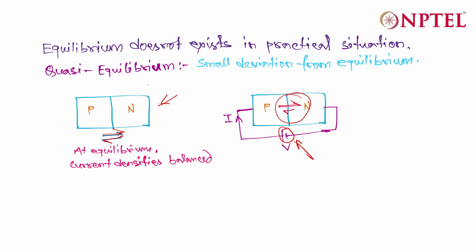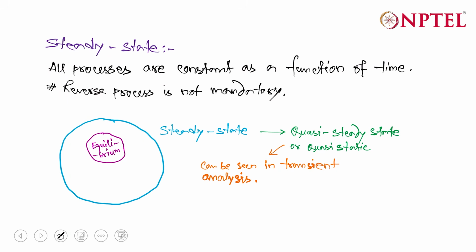That is what we mean by dynamic equilibrium. You have current densities in this case also under equilibrium, but they are the same, so there is no net current. But when you put an excitation, you will find that there is a difference which gives you a net current density. So that is what equilibrium is all about.